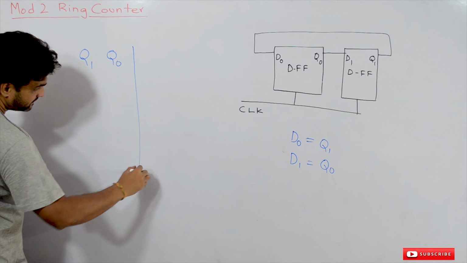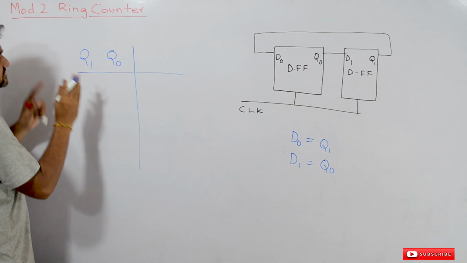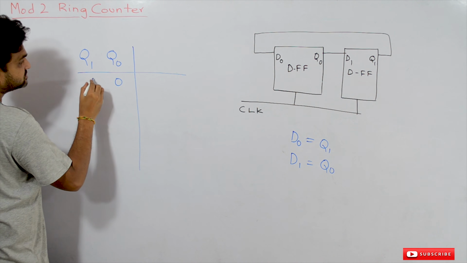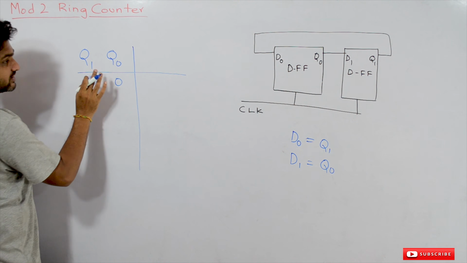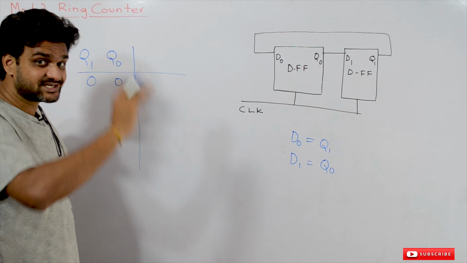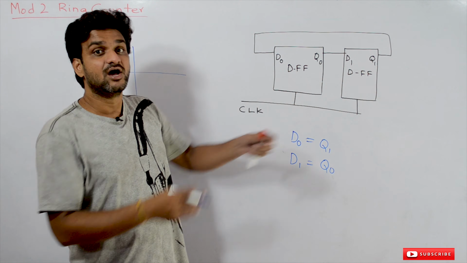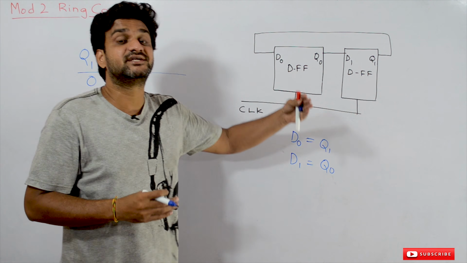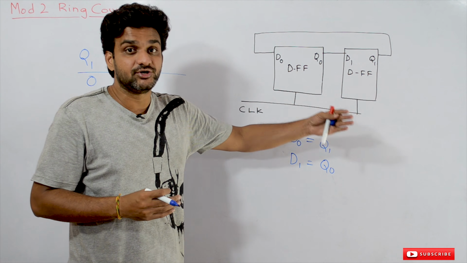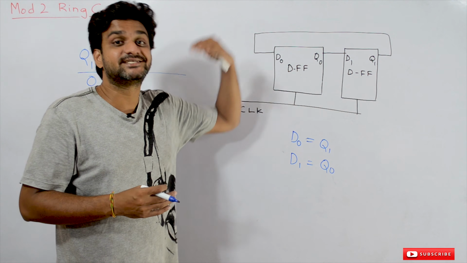Now our analysis is, if the states at Q0, Q1 are 0, 0, that means it is the present state. On that present state, whenever the clock is provided, how is the transition going to happen, to which state is it getting converted in the next state?